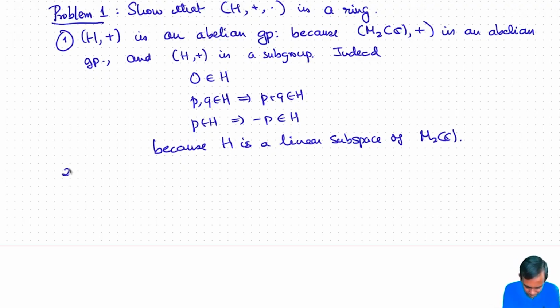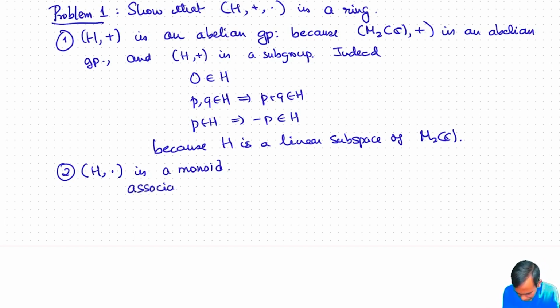Now the next thing we need to check is that H, dot is a monoid. And again, we don't need to check associativity because it is inherited from M2C.